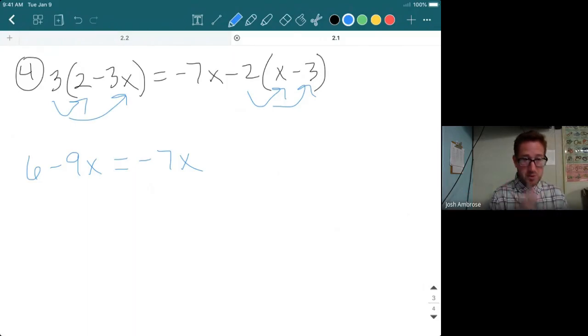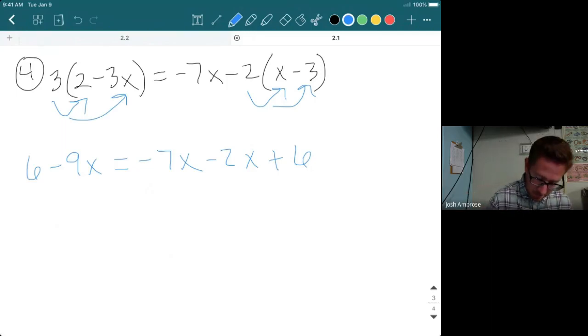Make sure you do have that negative sign going with the 2 because it's kind of like it's locked in, like it's bonded there. So then we're going to have a negative 2x plus 6. Okay, negative 2, negative 3, creating a positive 6. The negative times the negative equals a positive, all that normal stuff.